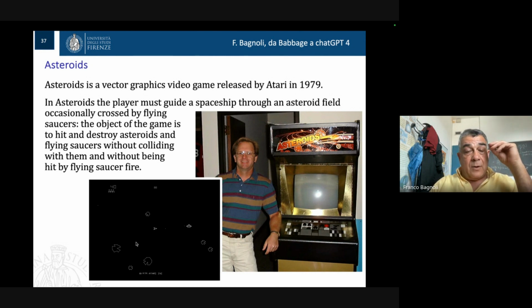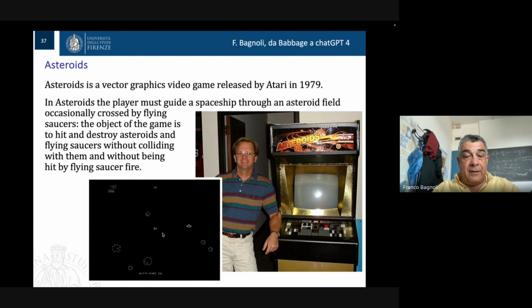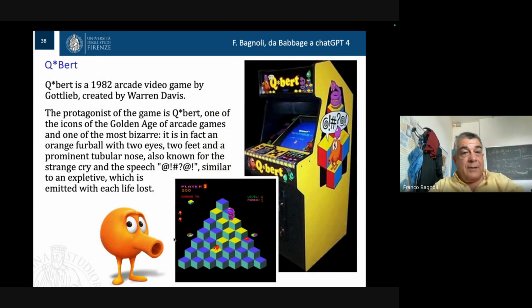And one of these was Asteroids, in which you could turn your spaceship, which was just a triangle, and fire projectiles, with a limited number, because only a limited number of objects could be active on the screen, and you have to avoid the asteroids and aliens. Okay, as usual.